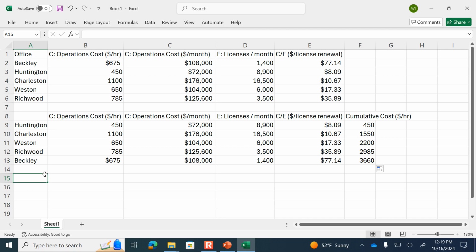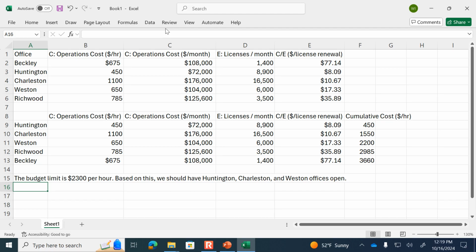And so the budget limit is $2,300 per hour. So the way to maximize the number of applications that are being processed is to have Huntington, Charleston, and Weston in operation. Based on this, we should have Huntington, Charleston, and Weston offices open.